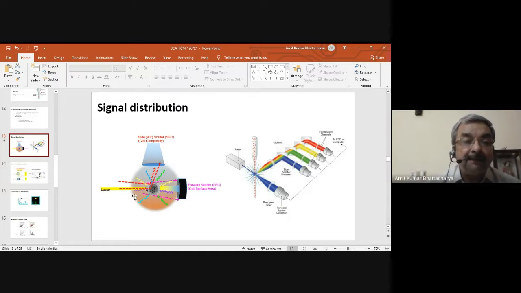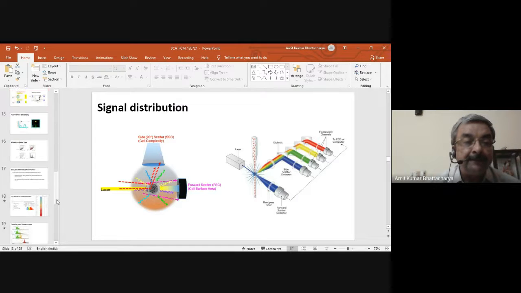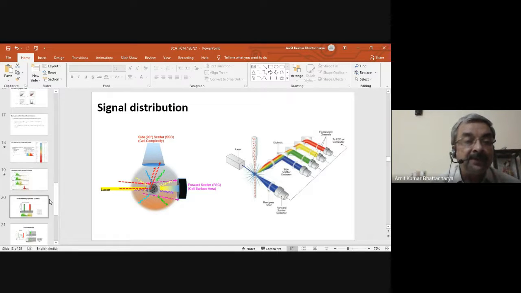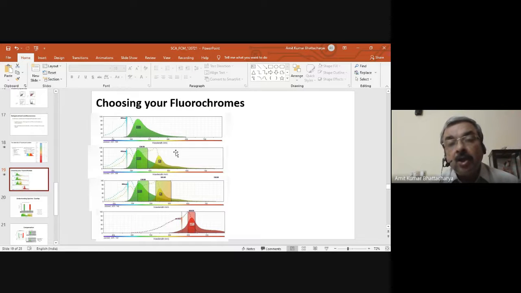Now, if I come back to the slide that I was showing. I told you that each dye has an emission profile, and the emission profile is wide. The width of the profile is the problem. Because if I choose another dye to look at a different thing, I find that these two profiles are overlapping.